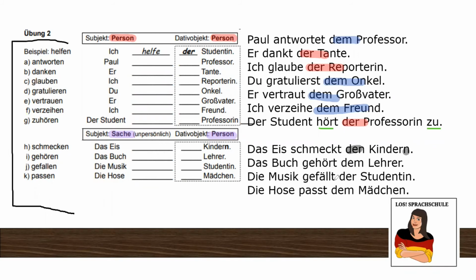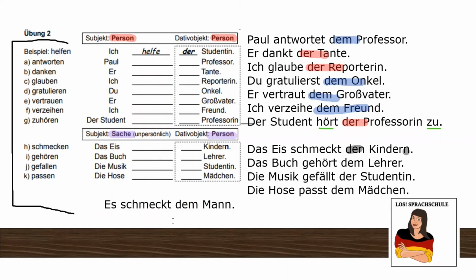Schmecken, in this case, means to taste good to somebody. It's a long and wordy translation, I know, but there is no other way to say it. Es schmeckt dem Mann, so the man likes the taste of it. It is the subject, and it tastes good to somebody. And the somebody is the person or the object that receives the sensation of having something tasty.